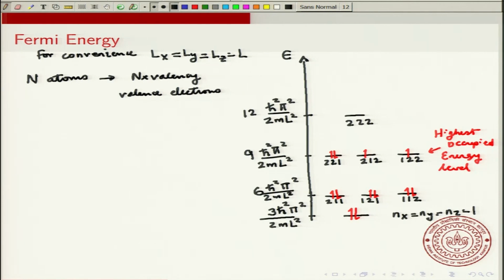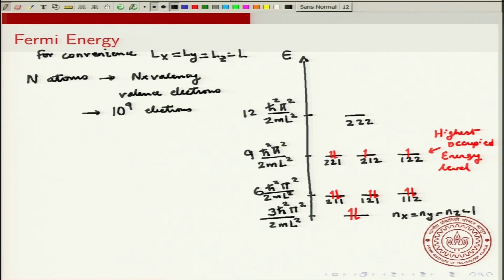And if you have a piece of a crystal that is finite size, then this could be a very large number. So n could be billions of atoms. So the total number of electrons that we are looking at is of the order of billions, so 10 raised to 9 electrons.